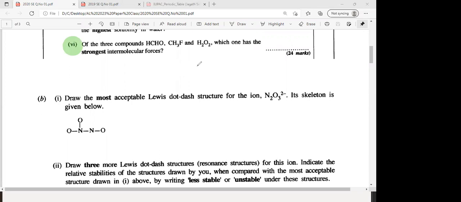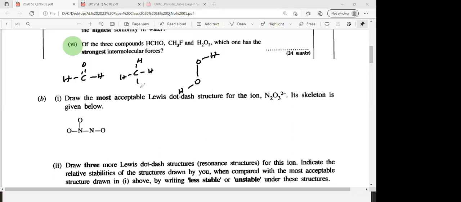H2O2, I will draw the structure. This OH group is there. This formaldehyde, there's no OH group in the formaldehyde. If you want, I'll draw the structure here. This is CH3F. It's like this. Now, out of this, which one is the most polar here?